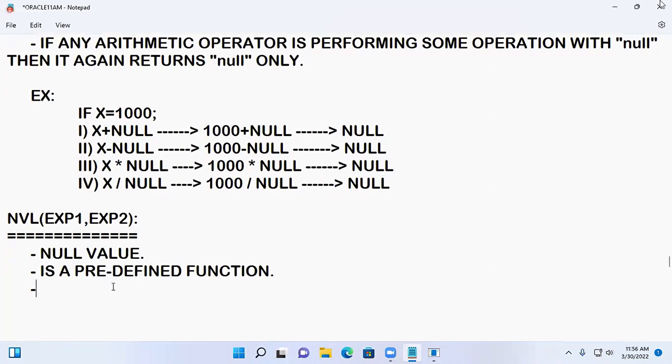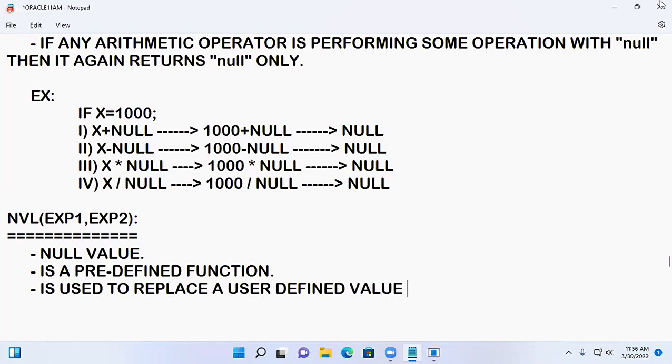This function is used to replace a user defined value in place of null.